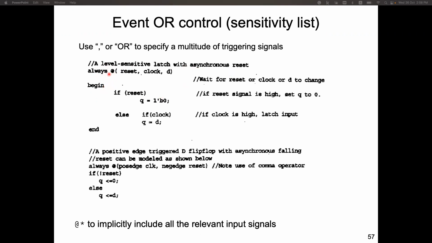So here, always @ this event: reset or clock or D. So either reset changes, clock changes, or D changes, they are treated as an event triggering this block. We can use comma here, or use the keyword or.